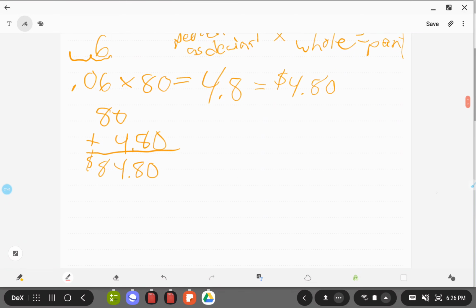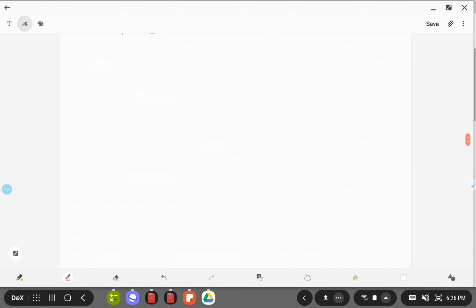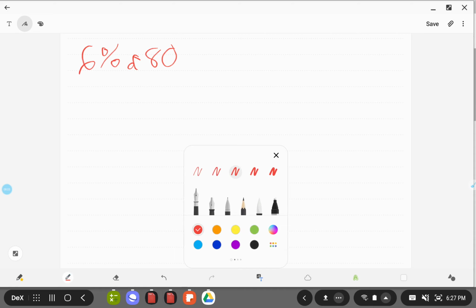I want you to hold on to that thought, and then I'm going to show you how we could have done that early on. So instead of adding at the end, what we could have done is, instead of calculating what is 6% of 80, instead of trying to figure that out, we could have, and I'm going to change colors again to keep things straight. Let's go with purple.